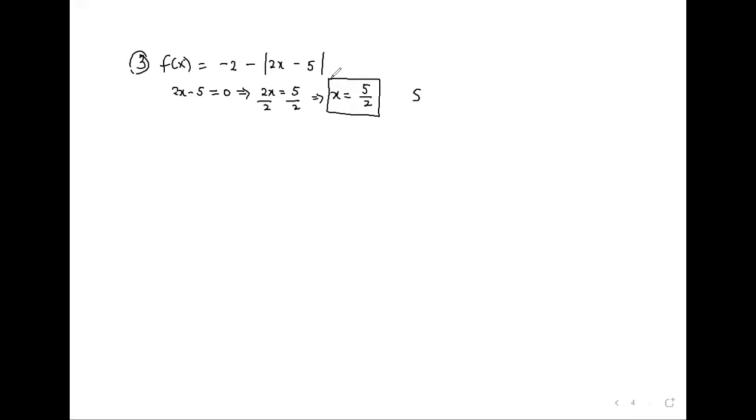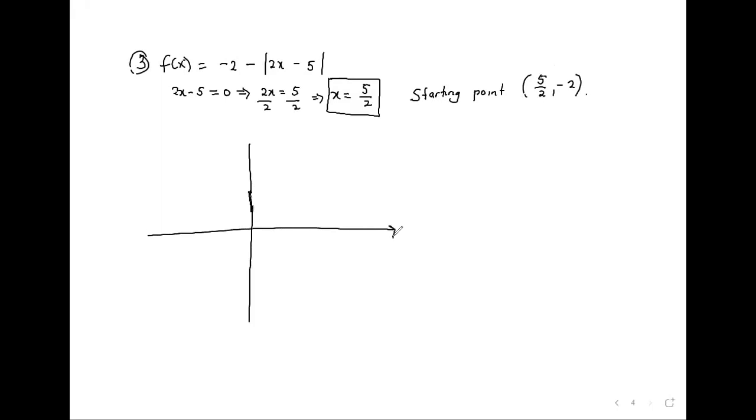Meaning that the starting point is the point 5 over 2 comma -2. Then I can have the sketch. Five over 2 comma -2.